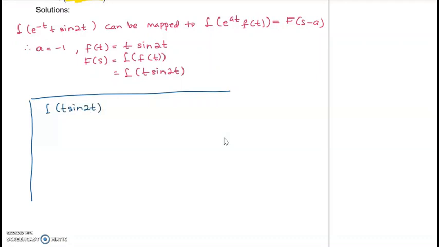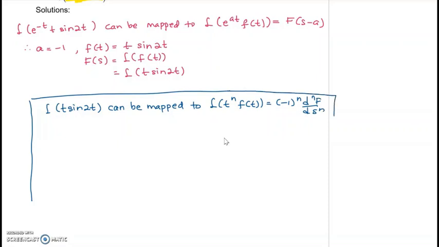If I take out that term, then I know that this transform can be mapped to the Laplace of t power of n f(t), which is -1 power of n, d^n F over ds^n.